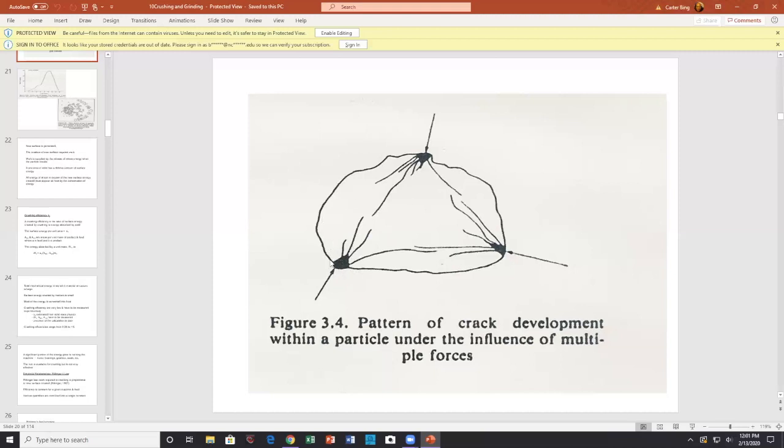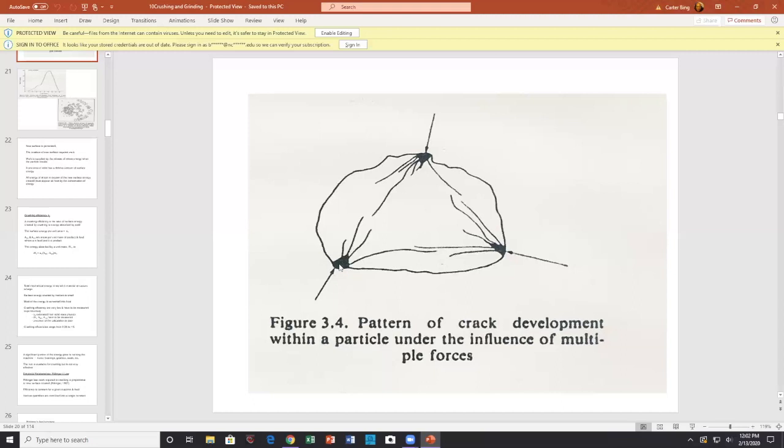You'll also notice that the amount of fines produced here depends upon the size of this contact point. In other words, if this was a knife edge, there'd be a small production of fines. If it's a very large contact point, like a dull hammer, then this would produce a lot of fines.